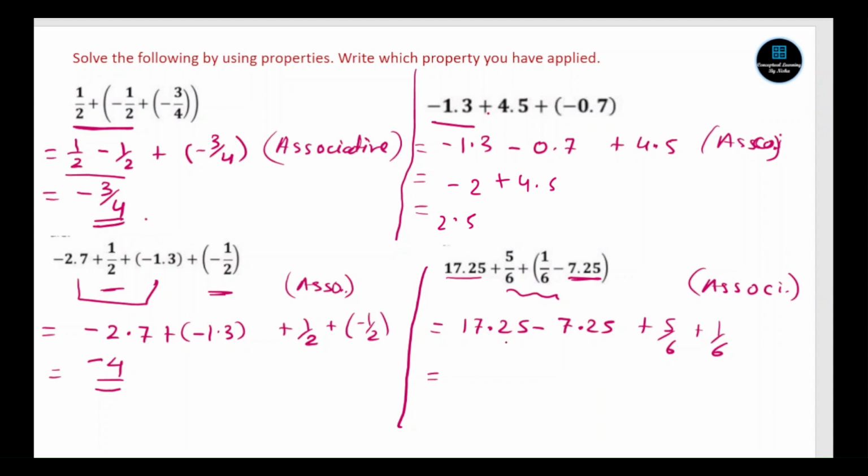Now it's very easy to calculate. What do we get here? 0.25 will get subtracted and I'll get just 10 here, and here I'll get 1. So my answer is 11. Isn't it very simple to calculate? Yes, it is.